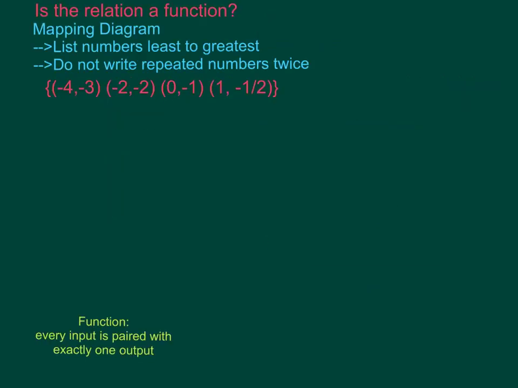Now we're getting to the part of the lesson where a relation is given and we have to decide, based on the definition, is it a function? So here's the relation, a set of points, and then here's the definition of a function. We're going to decide if by definition this is a function, and we're going to do this by making a mapping diagram. A mapping diagram looks like this.